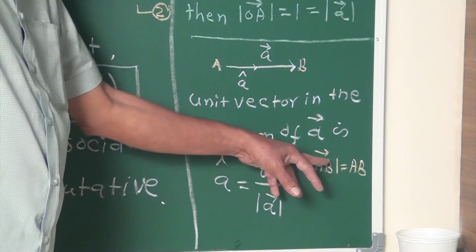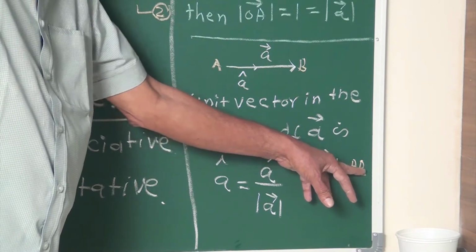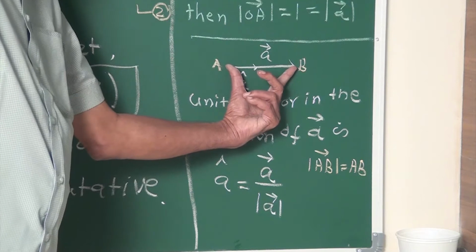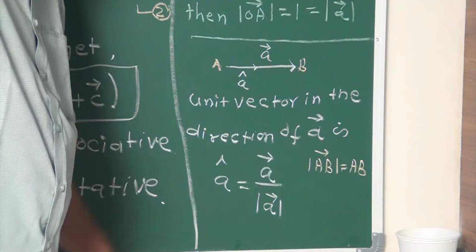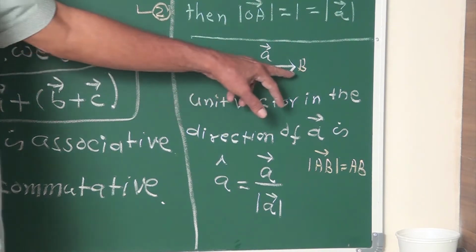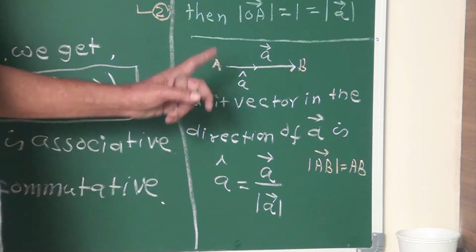Then what is the magnitude of the vector AB? It is nothing but the length AB, the distance between the points A and B. Then what is the direction? Direction is from the point A to point B. That gives the direction of the vector AB.